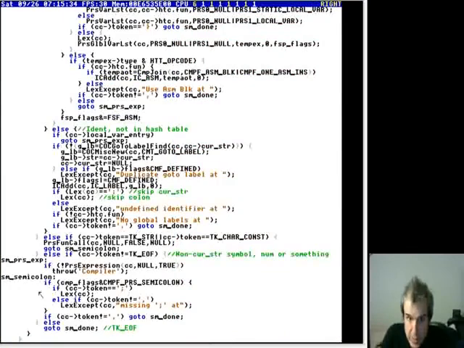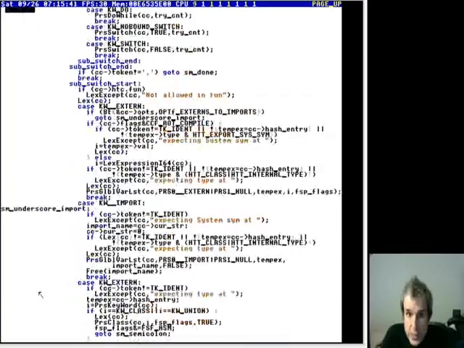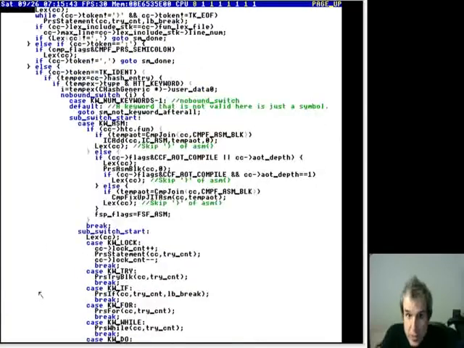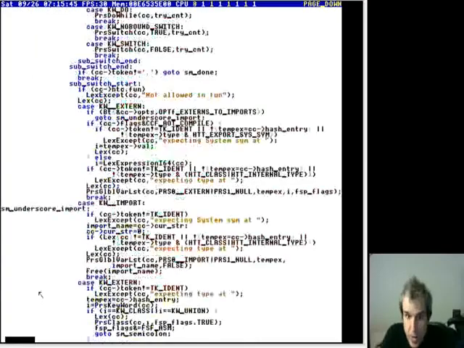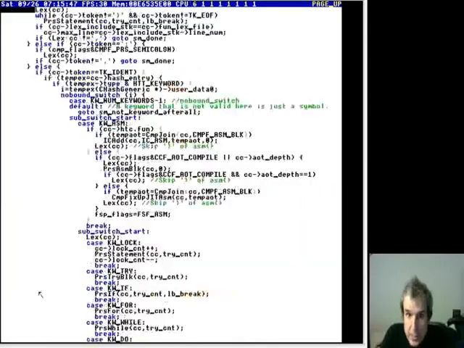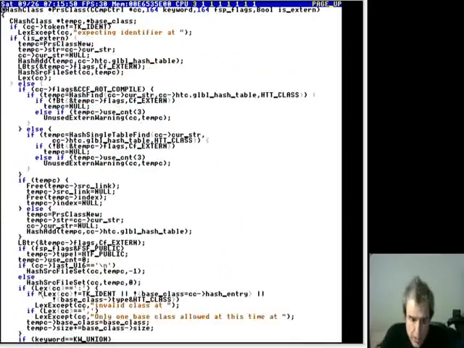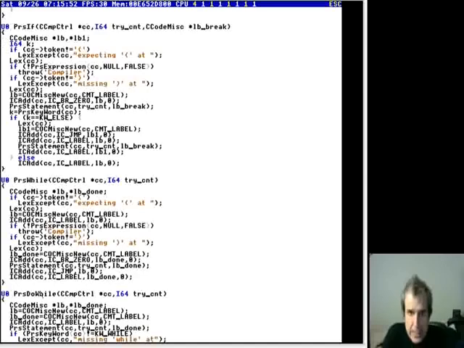Parse expression, that's what we looked at with the state machine a little while ago. So this is where we have the statement, which we can look for a for, a try, a while. Let's look at the while because it's pretty easy. So how do we parse a while?